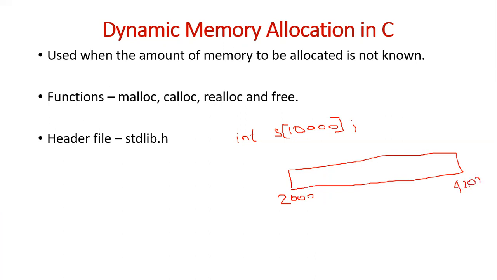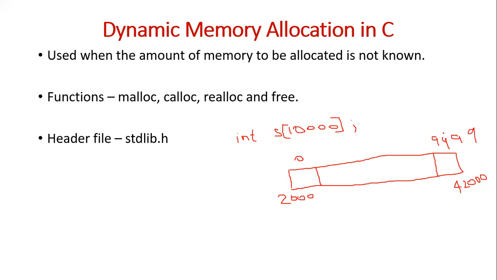But another important thing is, out of this array, how many locations we are going to use, we don't know. This is the starting element, and the last element will be the 10,000th element, 0 to 9,999. This array will hold.